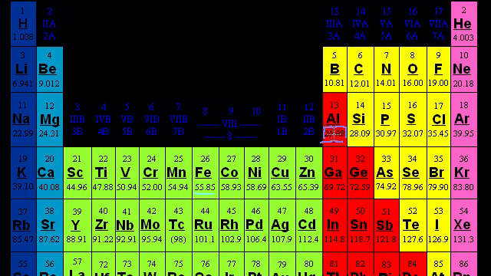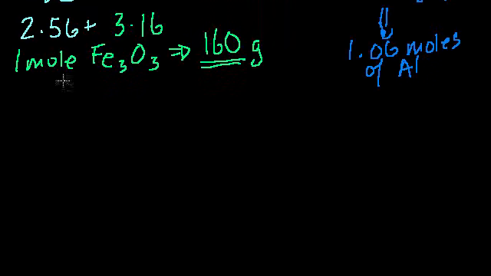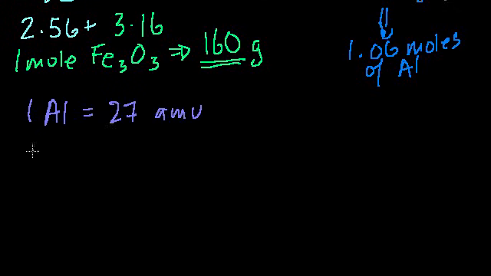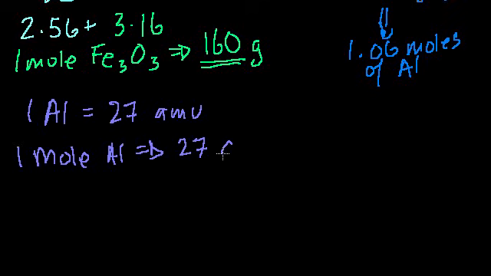But let's just say the aluminium that we're dealing with has a mass of 27 atomic mass units. So one aluminium atom is 27 atomic mass units. So 1 mole of aluminium is going to be 27 grams, or 6.02 times 10 to the 23 aluminium atoms is going to be 27 grams.